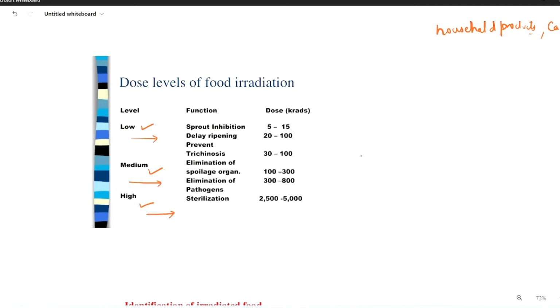the food material. Another thing is the dosage, how much dosage is actually given to these types of food material. So in case of low dose, low dose is given to delay the sprouting, ripening, and also to prevent trichinosis, right?